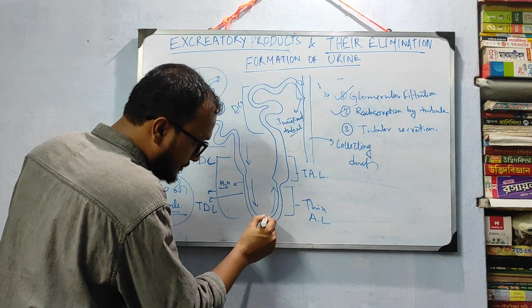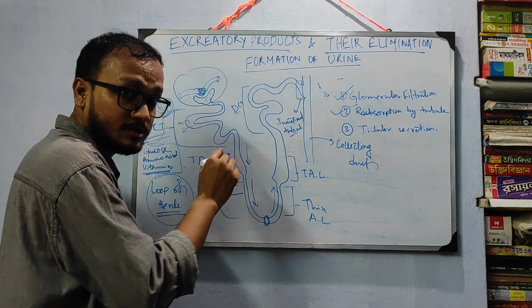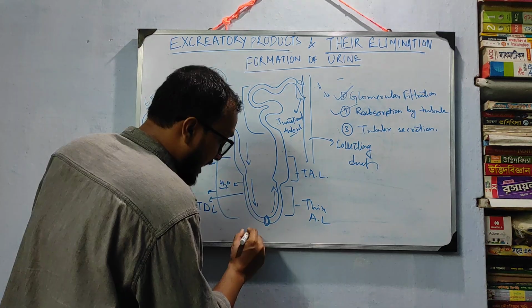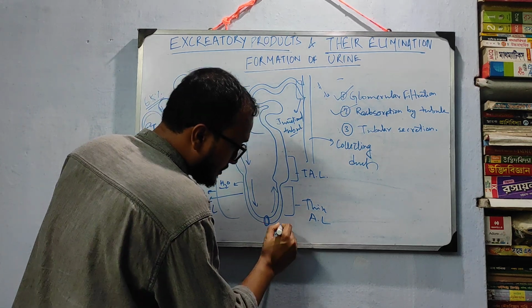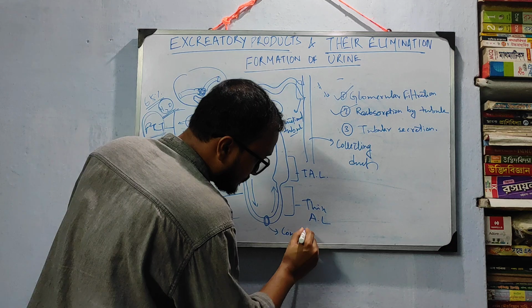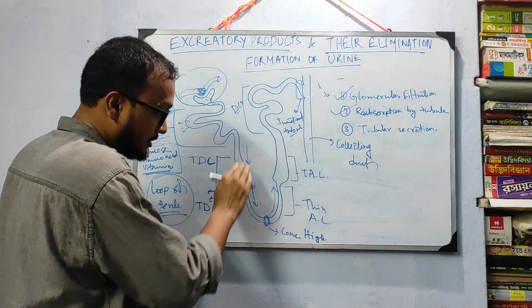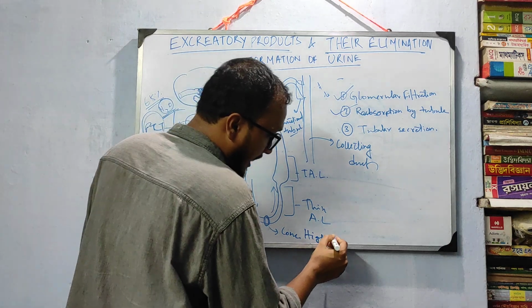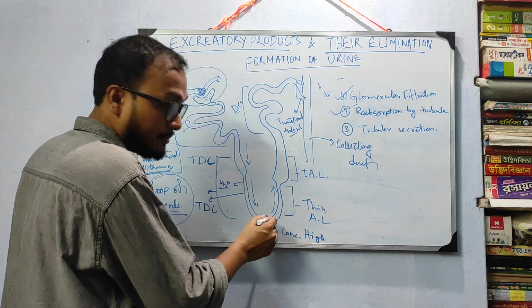So at the tip of the loop of Henle, the concentration of the filtrate, which is not yet urine but primary urine, will be high, because only water is absorbed and the solute stays.